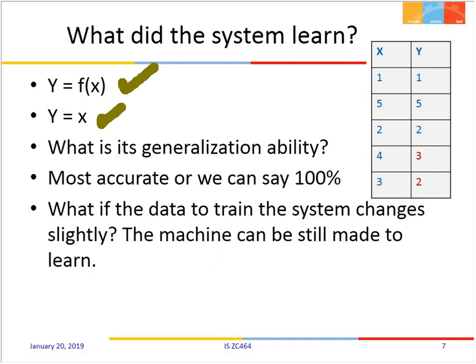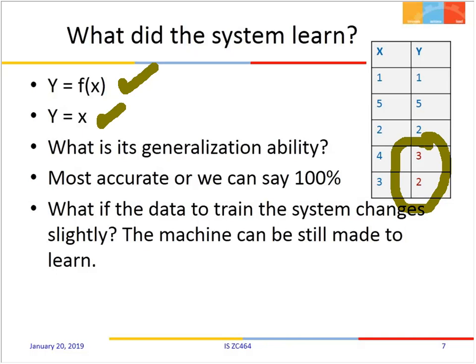So when y is f(x), y equals x, right? That is the thing which we developed. Now, if we have a slightly different data set where corresponding to x equals 4, I am not having the value of y as 4, rather I am having y as 3.